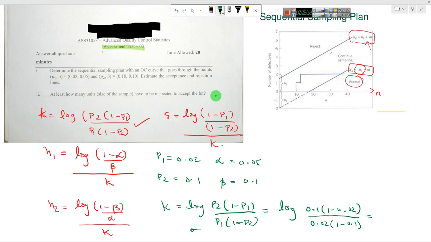I have just entered the values in the calculator and got this answer. If this is incorrect, you may let me know in the comment section, but I will follow the same procedure. Sometimes the answer might be wrong if I make mistakes here. So k is 0.73595, that is enough, or we can say 0.736. Let me write it that way.